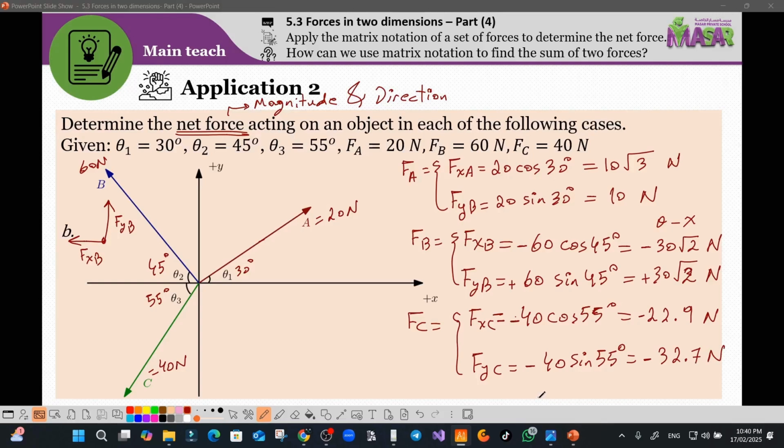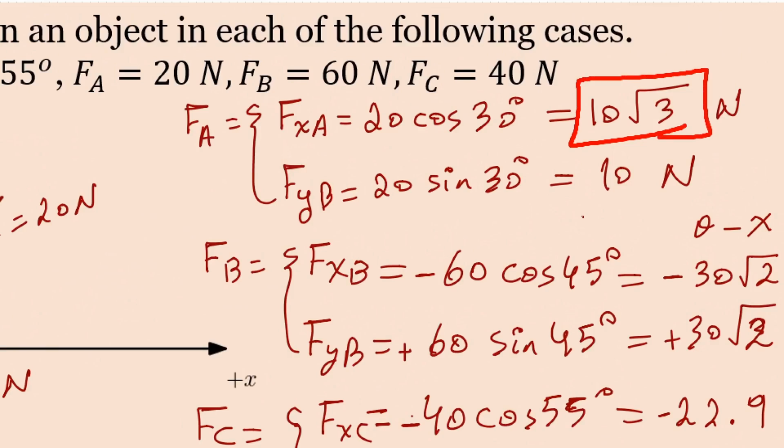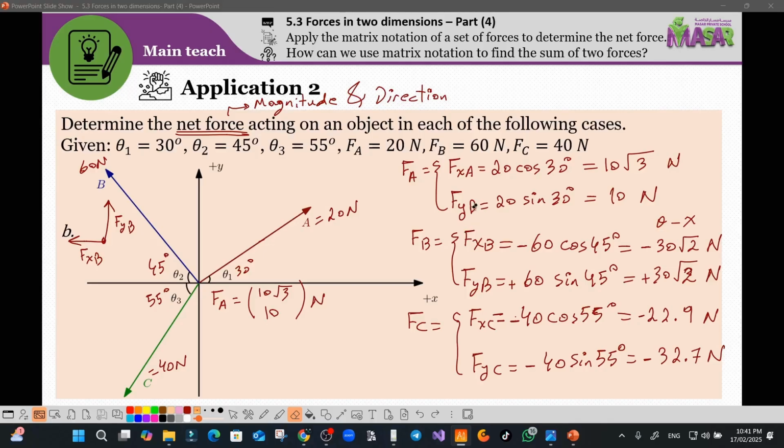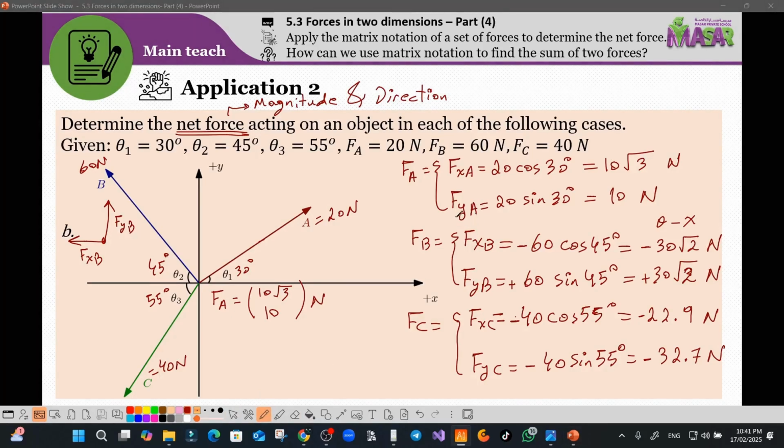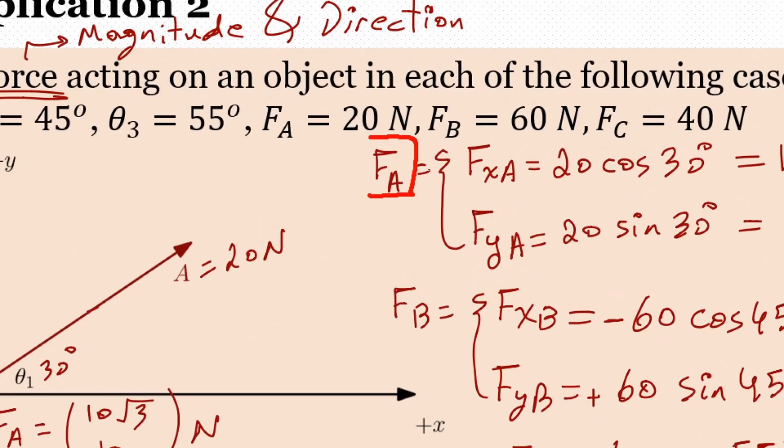Now we have everything to construct the matrix notation for FA, FB, FC. So FA is 10 radical 3 and 10 Newton. Remember that this represents the X component. This represents the Y component. Okay, sorry, I found a small mistake here. So this is not B, this is A, because here we have decomposed F of A. So FxA and FyA.